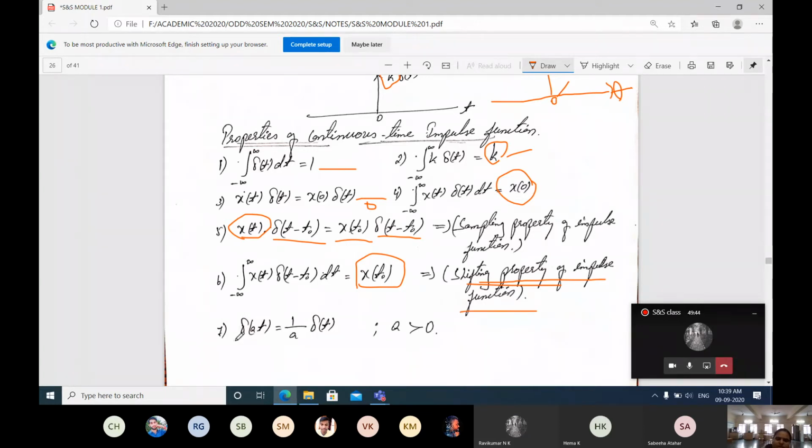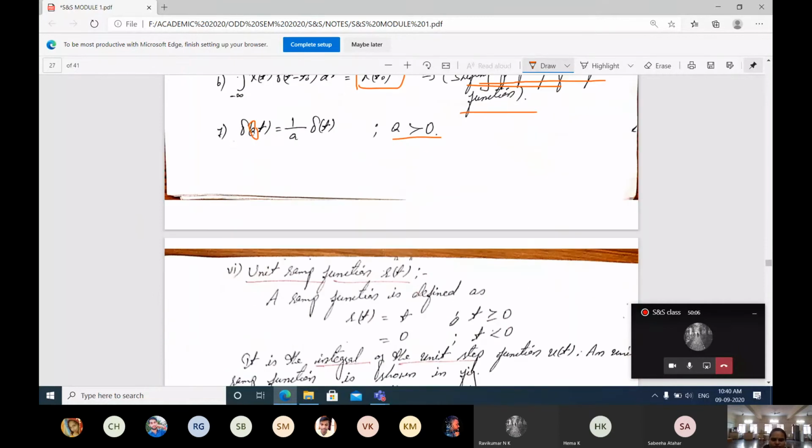Then the seventh one is delta of at equals 1 by a delta of t, but the condition is that a should always be greater than 0. These are like formulas, just remember these, and while solving the problems I will clarify all these things. Okay, these are all the properties.